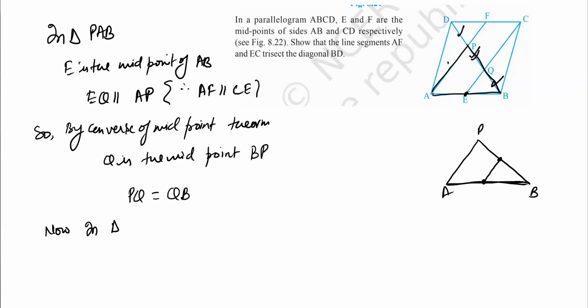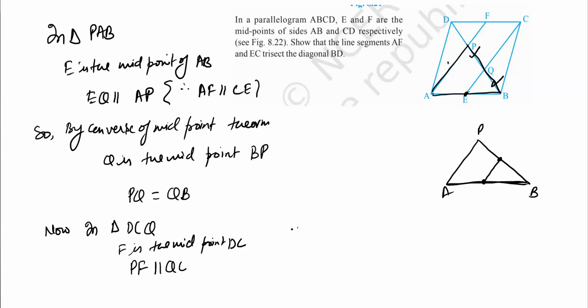Now, since we need to prove that this side is equal to this side, which triangle will we take? Triangle DQC. Yes. In triangle DQC, F is the midpoint of DC, and EF is parallel to QC.